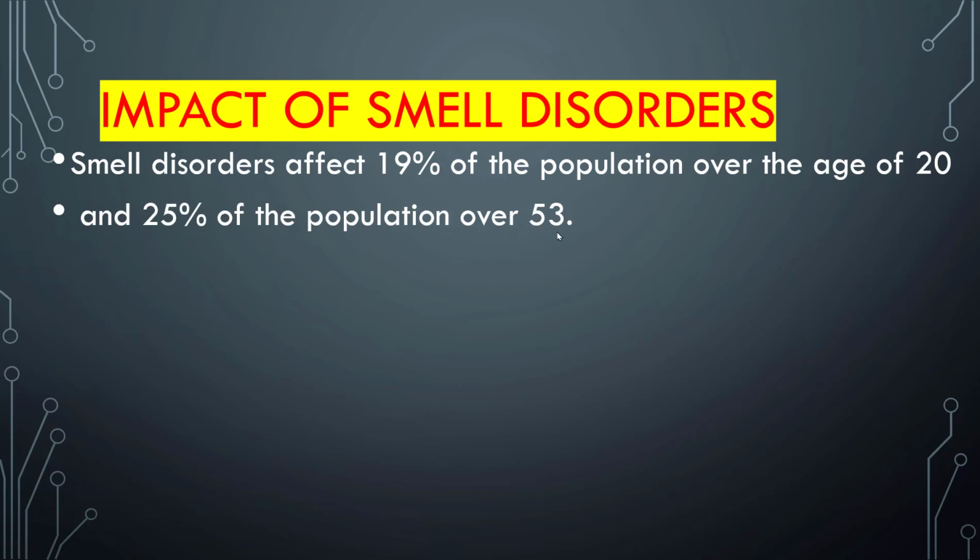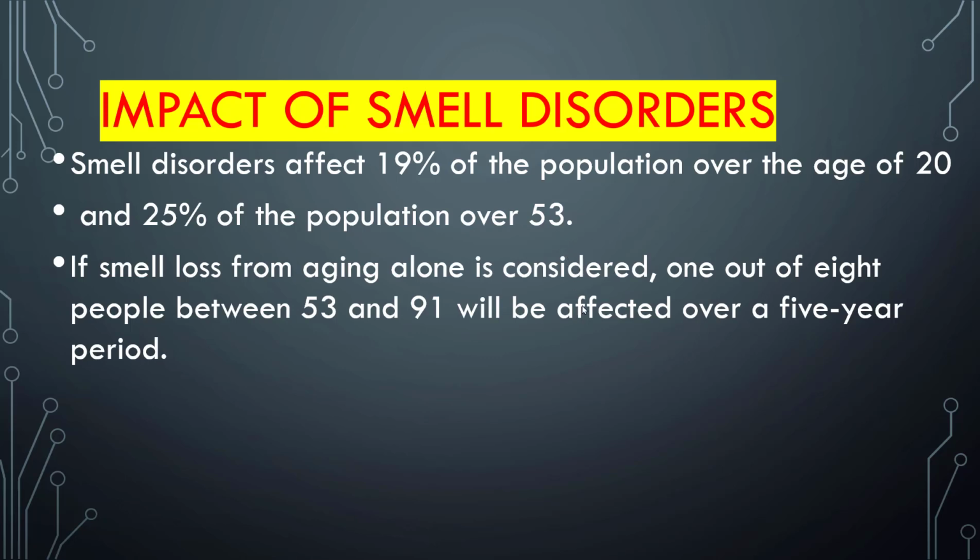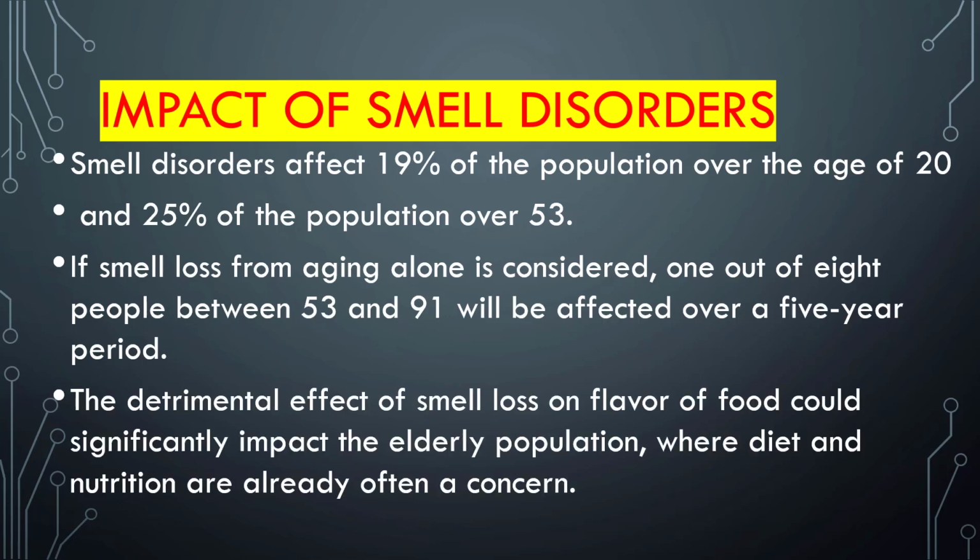Smell loss from aging alone is considered: 1 out of 8 people between 53 and 91 will be affected over a 5-year period. A detrimental effect of smell loss on the flavor of food could significantly impact elderly people, where diet and nutrition are already often a concern.